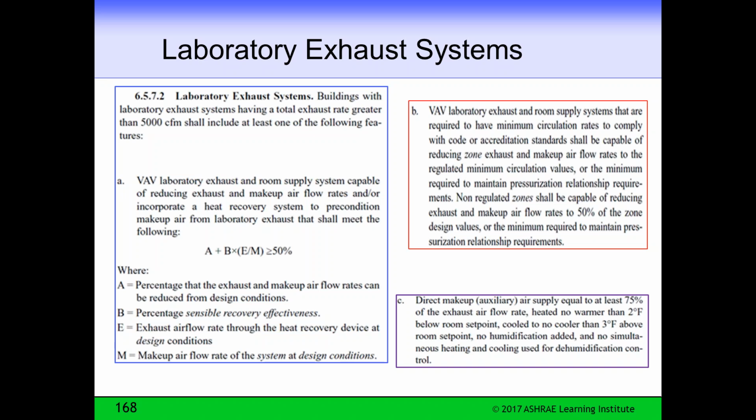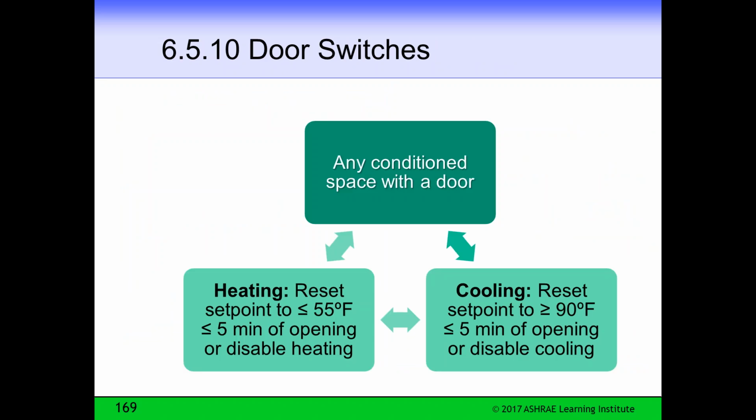So either by variable system, so you can reduce the amount of exhaust and make up airflow rates, or by sensible heat recovery effectiveness based on the exhaust energy recovery. The combination of those two needs to reduce the energy by more than 50%. So we let you combine those.